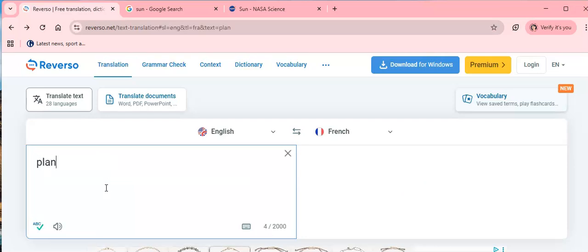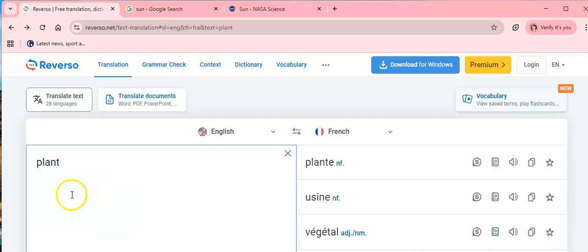Plant. Okay. Plant, as in those living things that require soil to exist and that provide us with food and all sorts of other nutrients that serve nature.